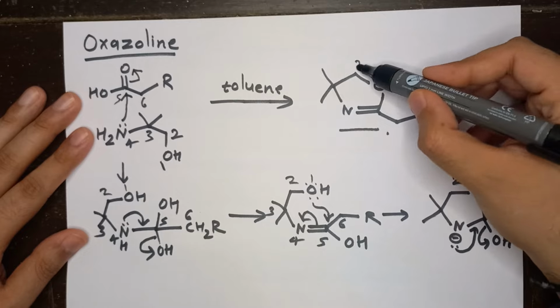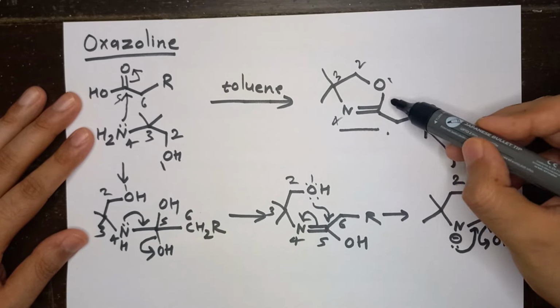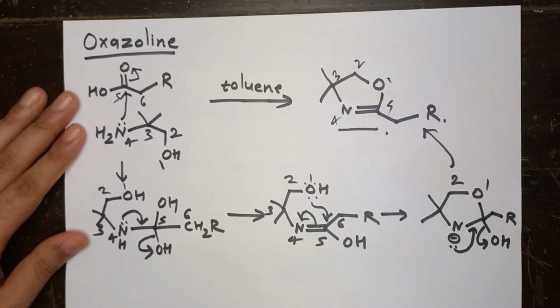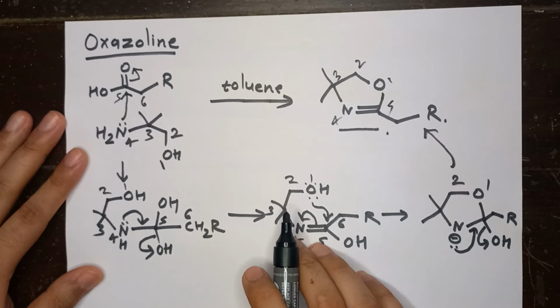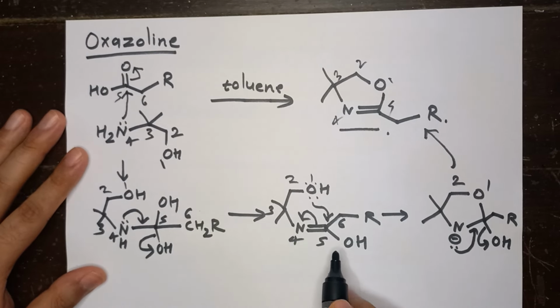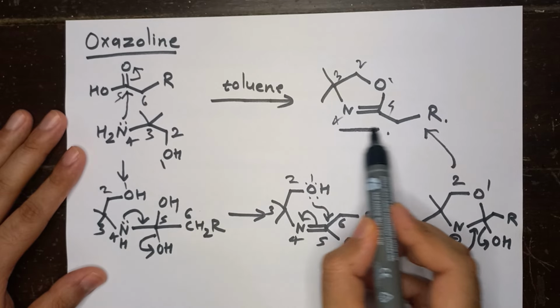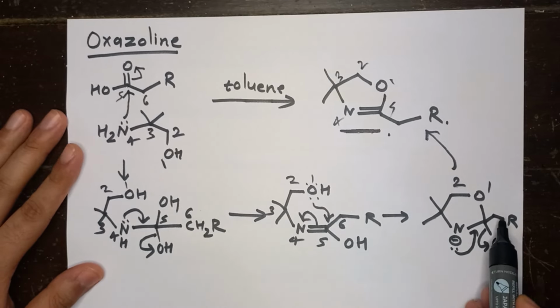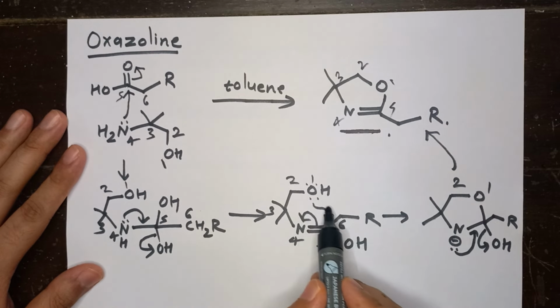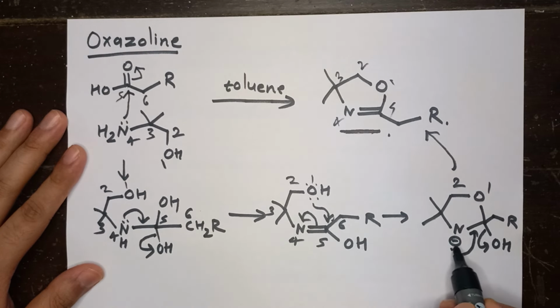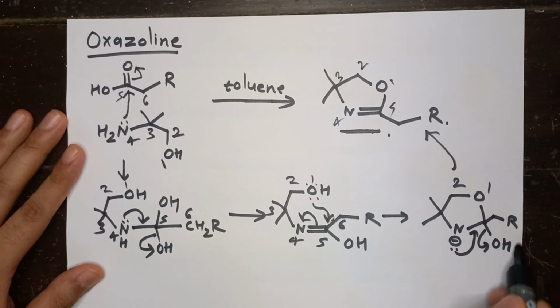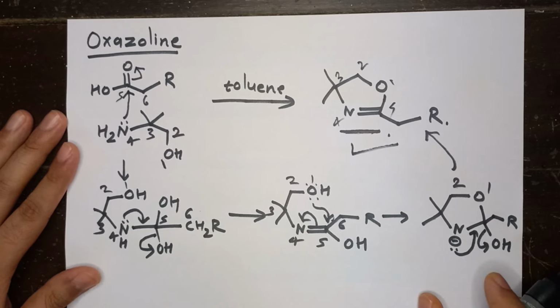So react your acid and amine and generate oxazoline, and this is the mechanism. At this position, cyclization is happening, and furthermore nitrogen with its lone pair of electrons comes back, will eliminate the OH group, and you generate oxazoline.